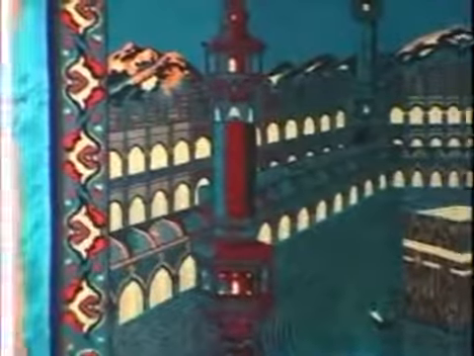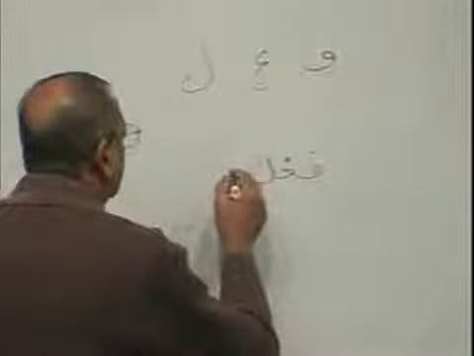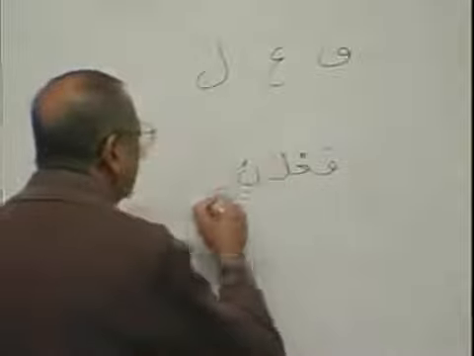One of the patterns of adjectives, sifat, is, brother, what is this pattern? Fa'alan. No, you just have to see the root. Where is the root? Fa, ain, and lam. Everything else is extra. But that is the root.